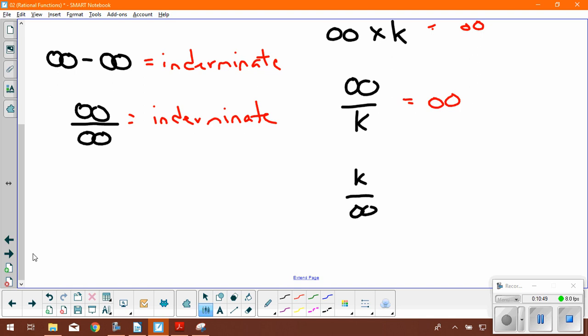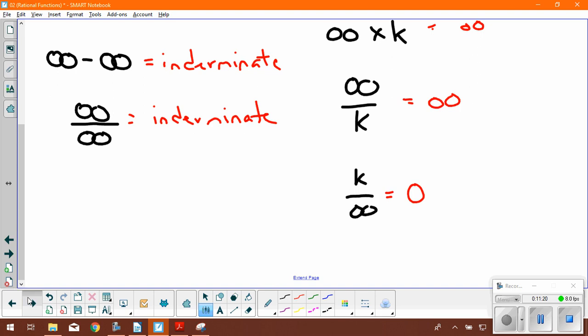Okay, last but not least, if I have a constant divided by infinity, right? So that's like that last example we just talked about. Even if k was large, like 15 million, infinity goes on forever. So as we tend to infinity and it gets bigger and bigger and bigger, this is going to tend to 0.